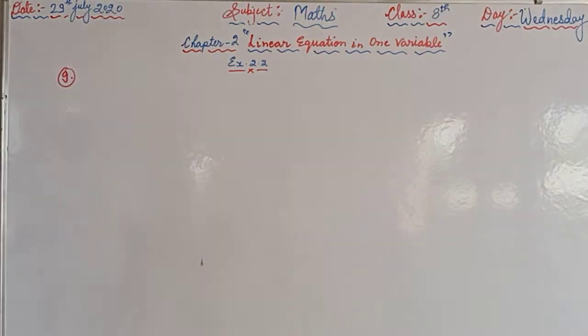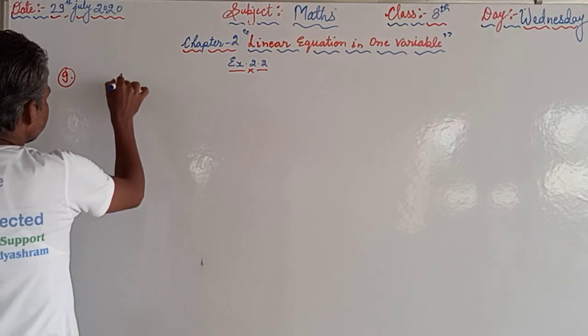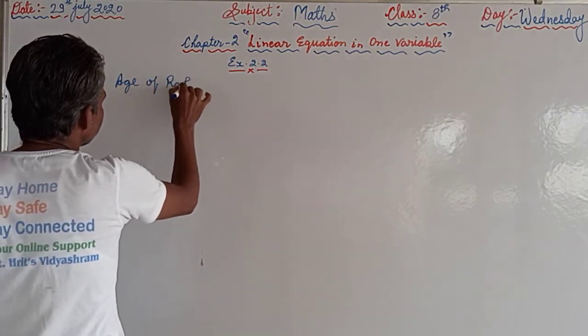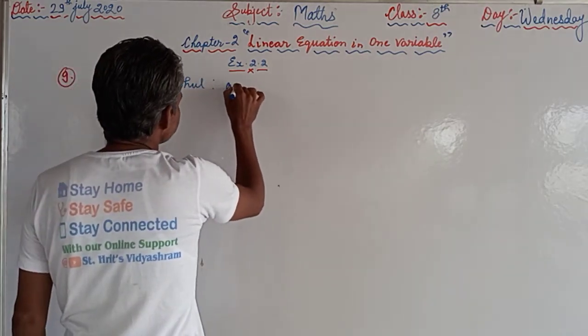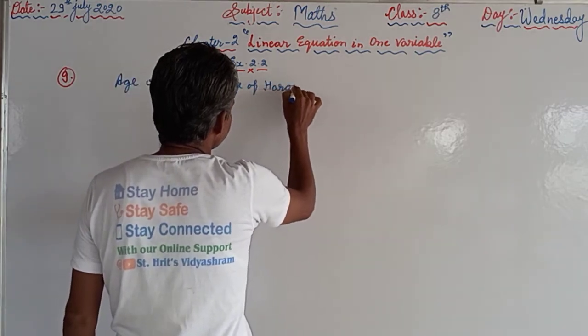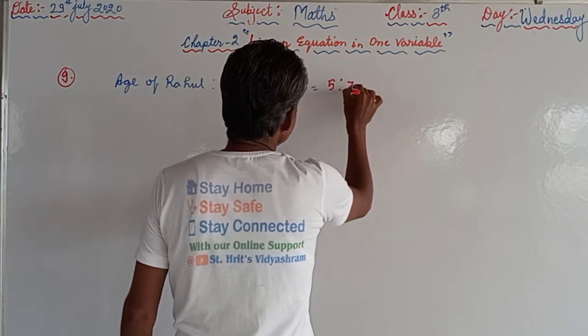Now in this question number 9, the question states the ages of Rahul and Harun are in the ratio 5:7. The ratio of the age of Rahul to the age of Harun is given, that is 5:7.